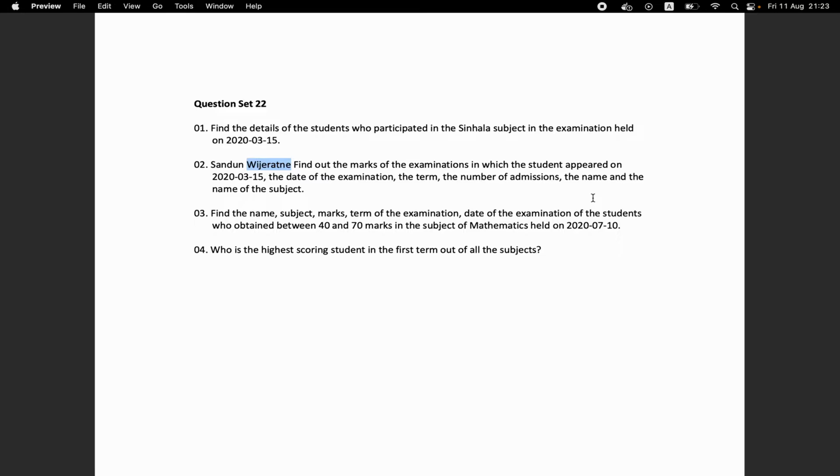The third one is: find the name, subject, marks, term of the examination and date of the examination of the students who obtain between 40 and 70 marks in the subject of mathematics held on 2027-10.